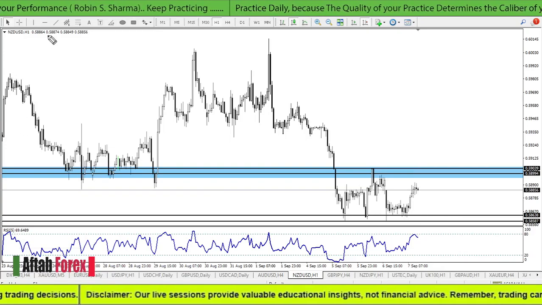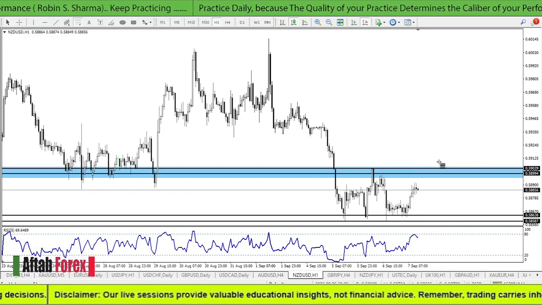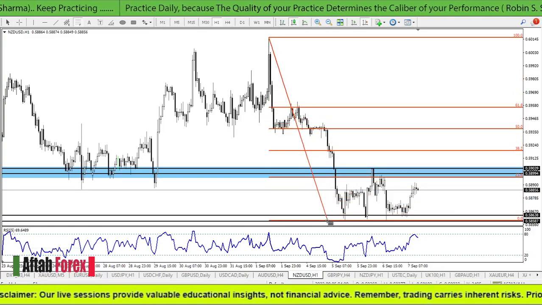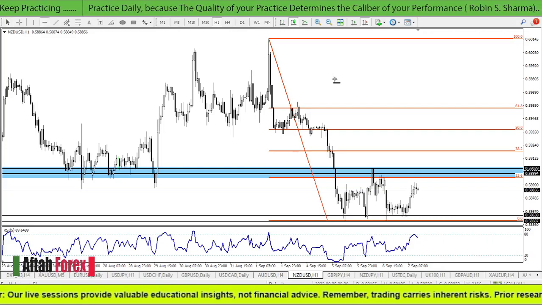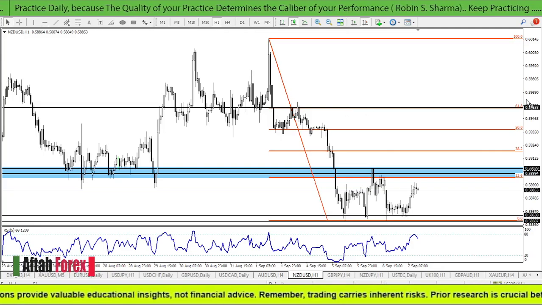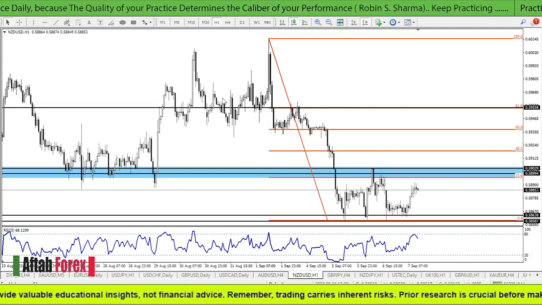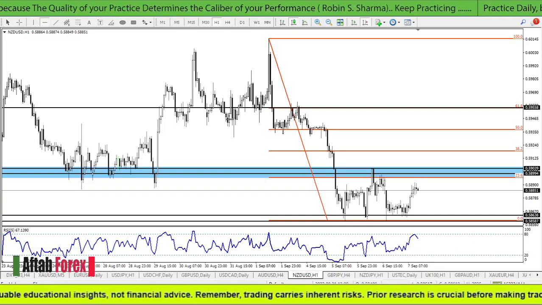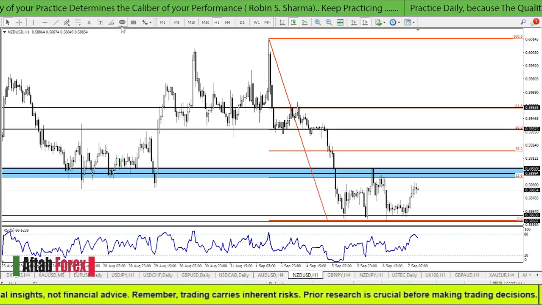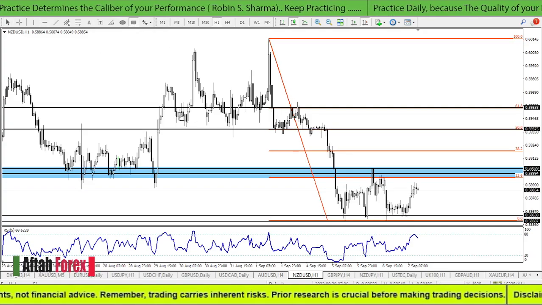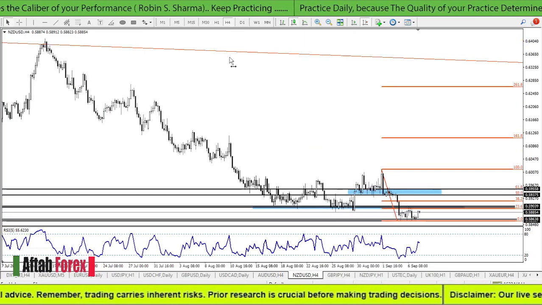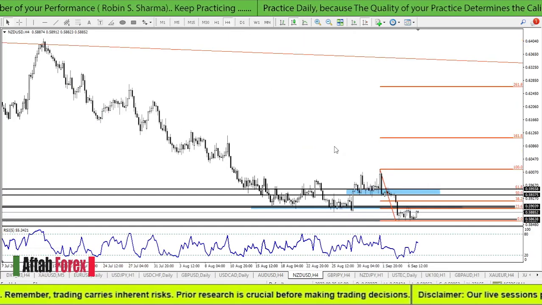So where it can reverse, possibly if it breaks in, the first thing I will be doing is plotting Fibonacci, and on the Fibonacci 61.8% retracement right here, we have got 0.5955, and this whole area is going to be a reversal area for me, a little bit bigger than usual, but usually on the H1 the levels remain the same like this.